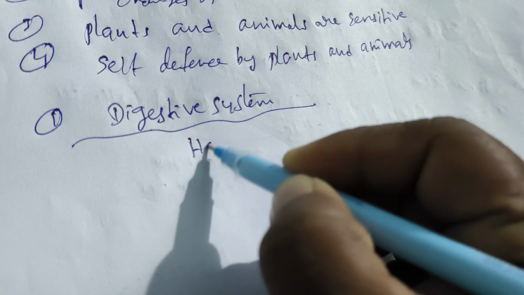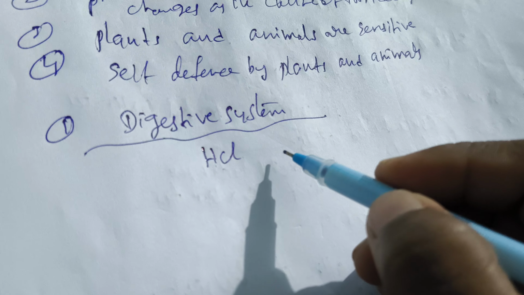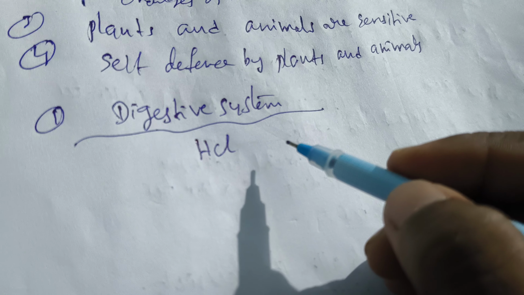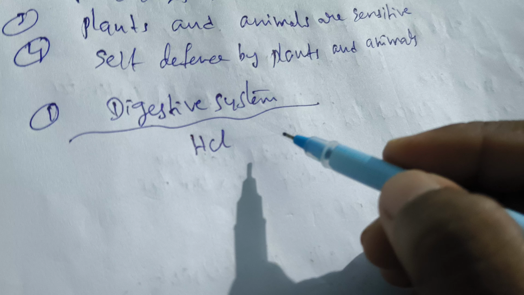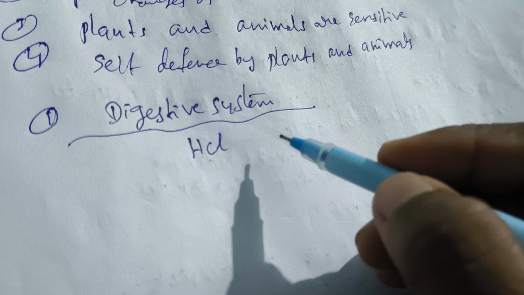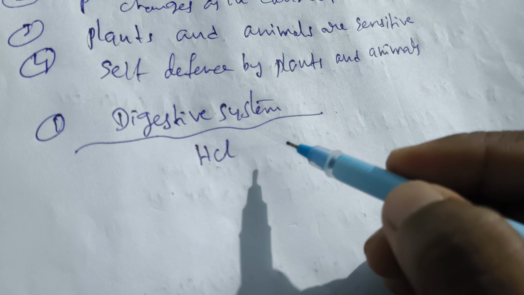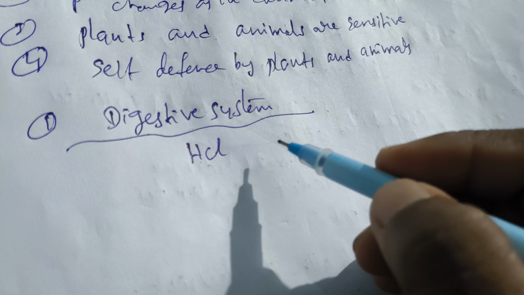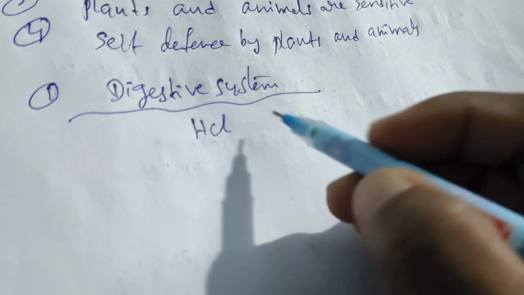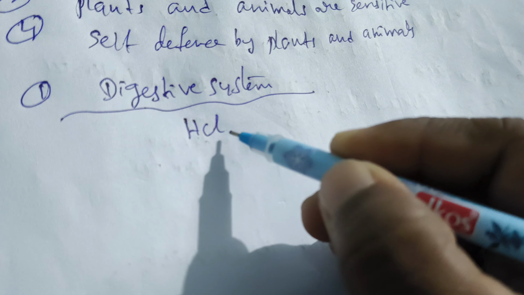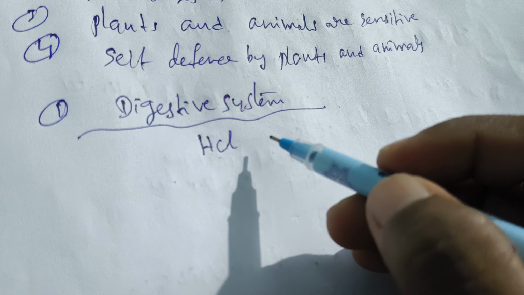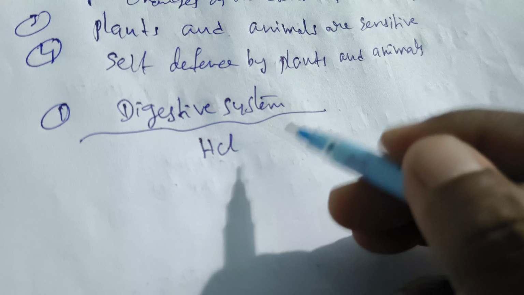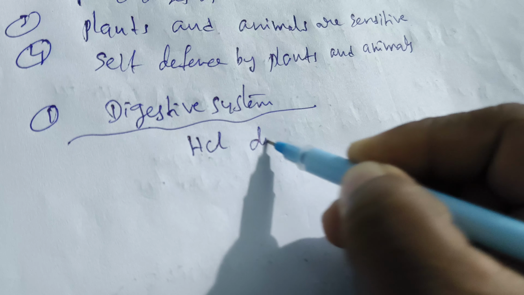This is called gastric acid or gastric juice in our stomach. This dilute hydrochloric acid helps in digesting our food.